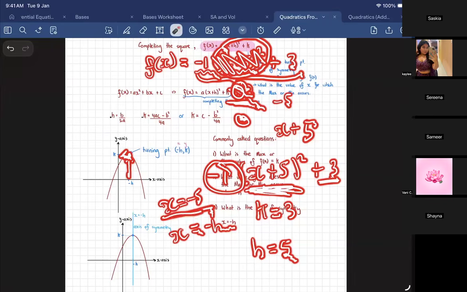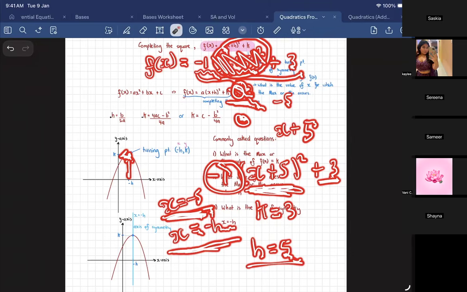Now, what value does that? Well, when x is equal to -5. But you notice something, h is actually 5. If h is 5, what would x be equal to, in general? I want you to notice that trend.